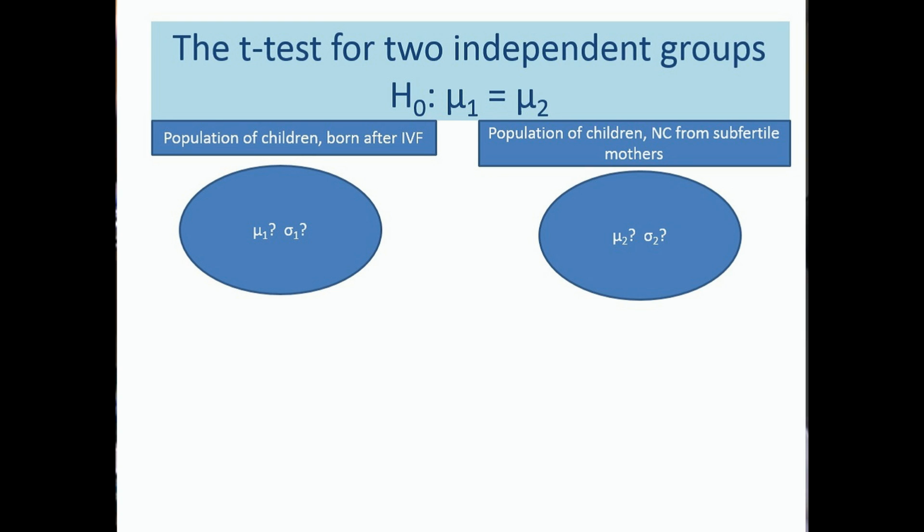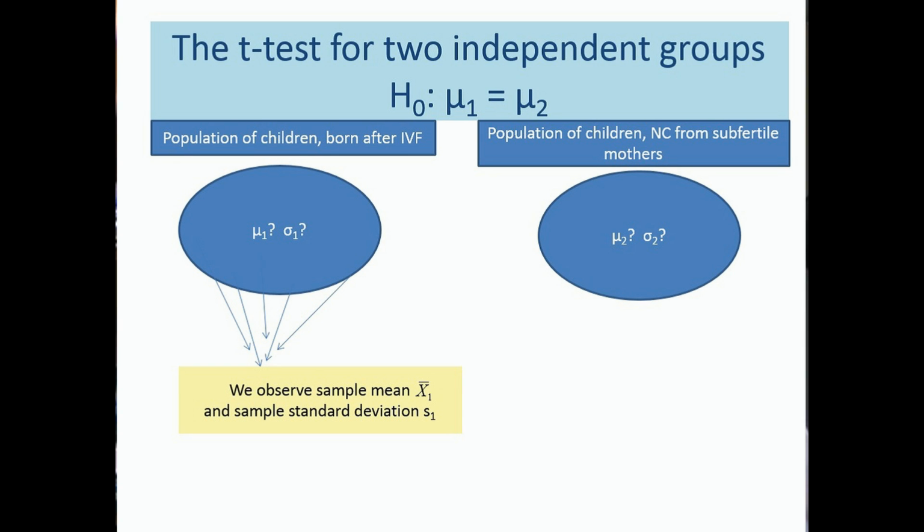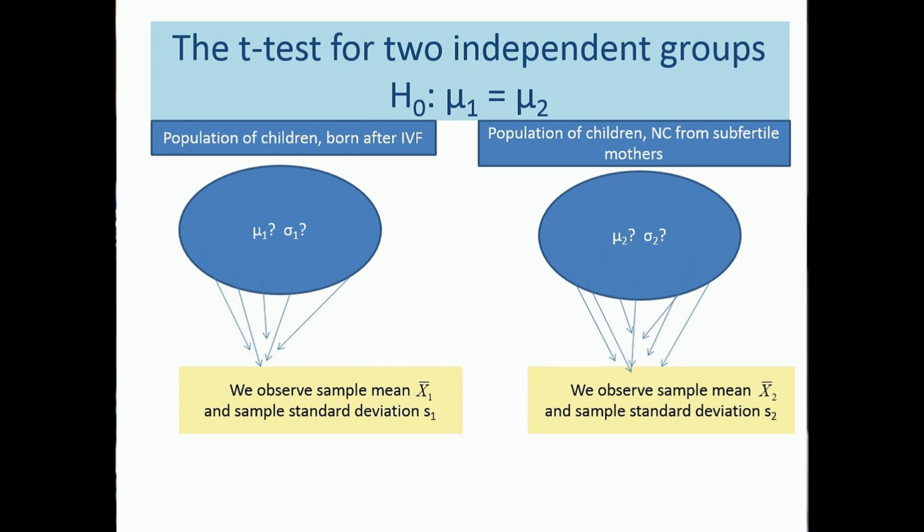We have a second population, naturally conceived children from subfertile mothers, from which also mean and standard deviation are unknown. We will take a random sample from the first population and calculate sample mean and sample standard deviation. And we will do the very same for the other population.